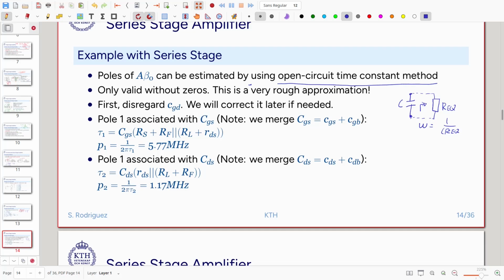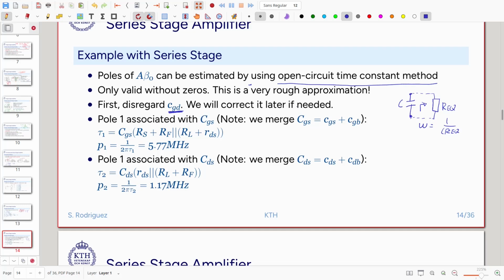And we already have some hints regarding what happens when we have zeros. CGD, for instance, introduces zeros in the transfer function, introduces the Miller effect, and introduces pole splitting.